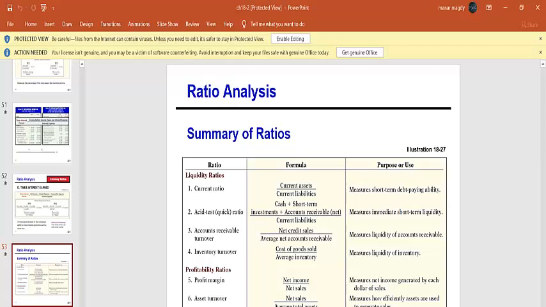It's meant to measure the company's ability to pay its short-term obligations. Specifically, it shows you how it uses its current assets in order to fulfill its short-term liabilities.